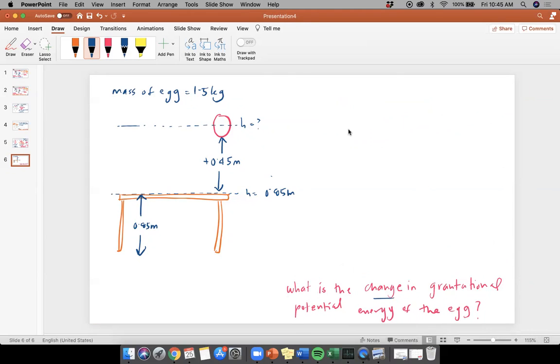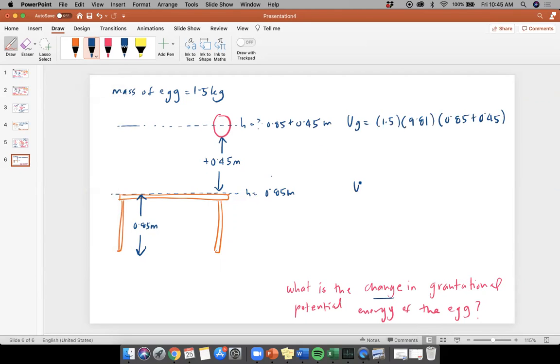This is equal to 0.85 plus 0.45 meters. So UG here is m 1.5 times g 9.81 times 0.85 plus 0.45.